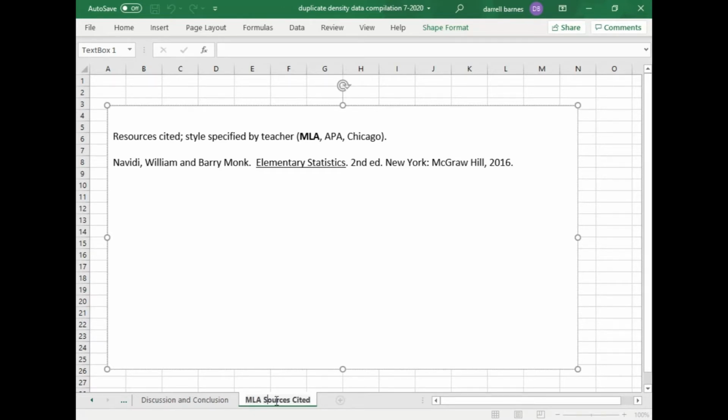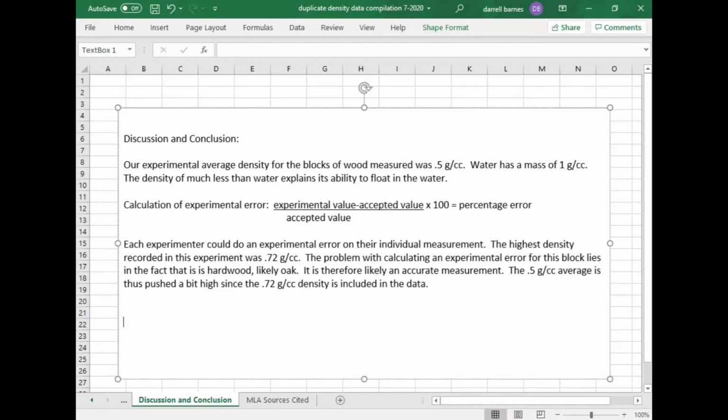It is a resource, but that's not the right way to say that. There we go. Maybe that's where I got that from. Sources cited. I like that better. Okay, thank you. I need to fix that in my cut and paste template, don't I? All right, let's go back to discussion and conclusion. Instead of saying our experimental average density, I'm going to say the experimental average density.